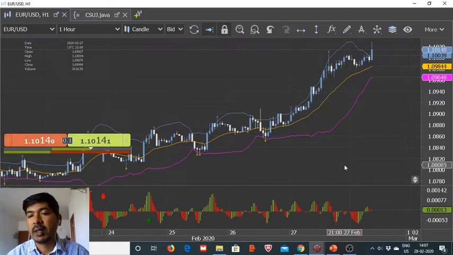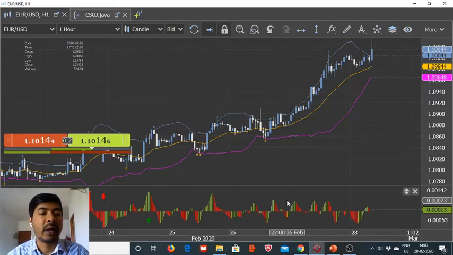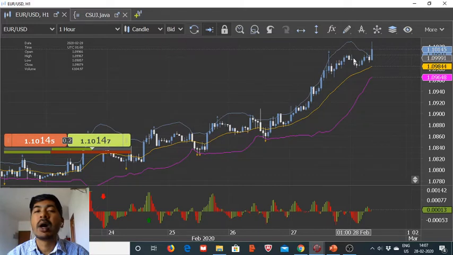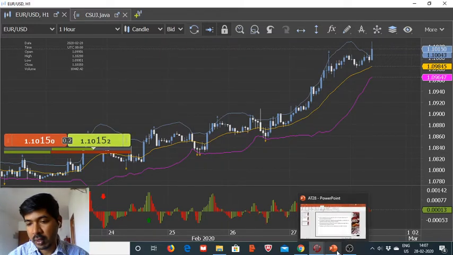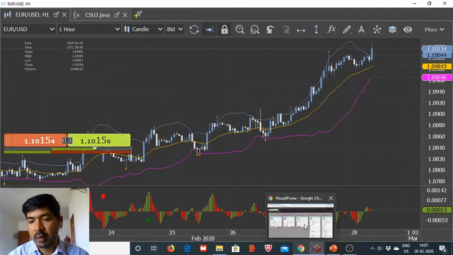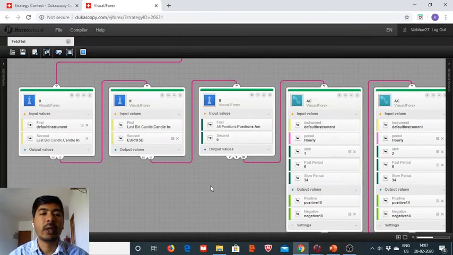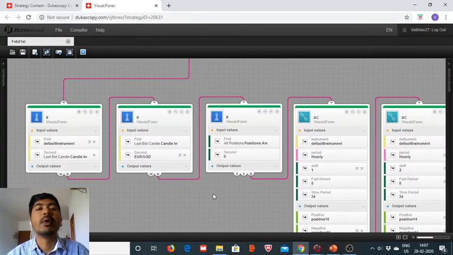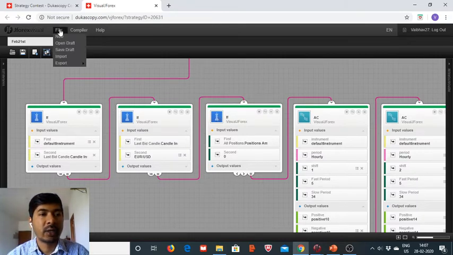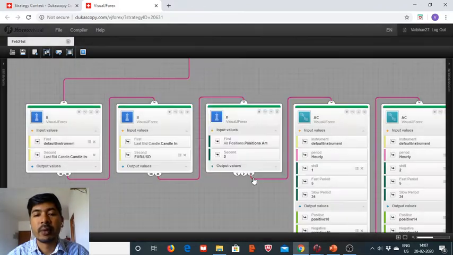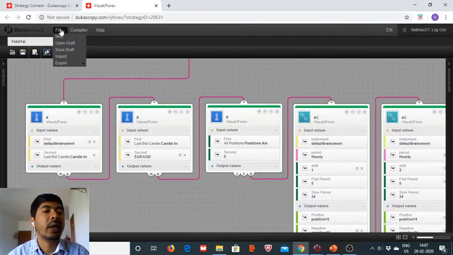And that's why I think it's better to utilize this half hour AC2 setup along with the hourly Bollinger band. So let's see how it will work after we give it the shape of the algorithm. This is the algorithm which we were developing till yesterday, and today we start afresh. So we will name it as February 28th.